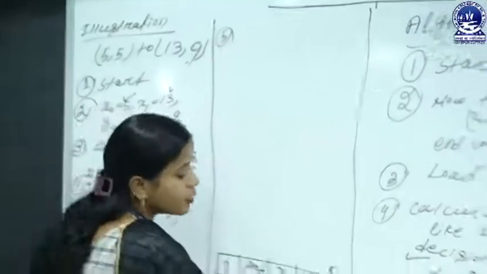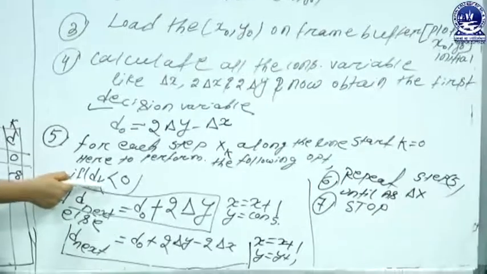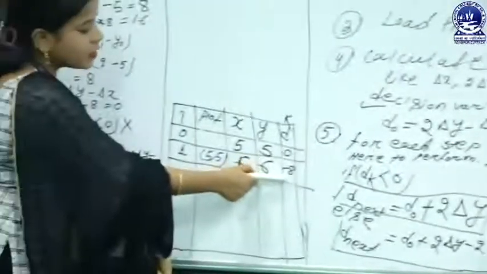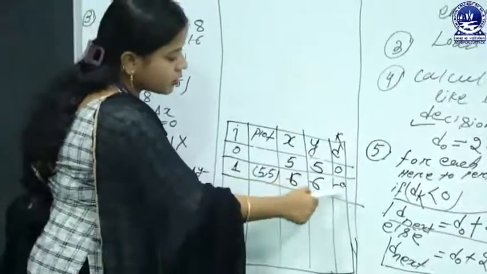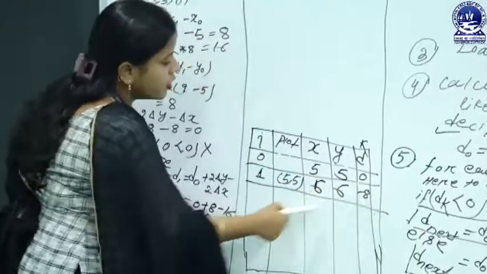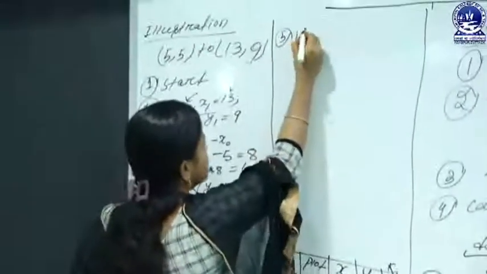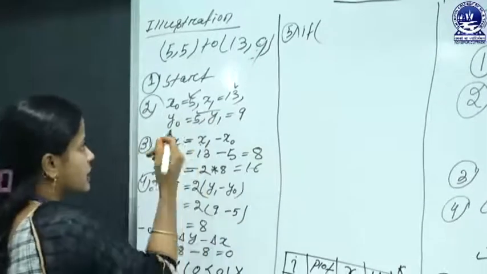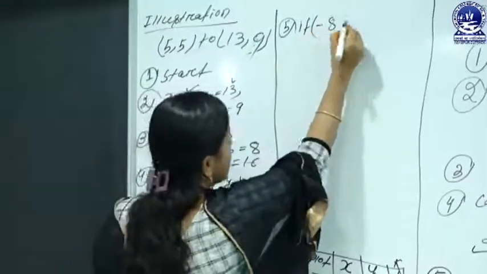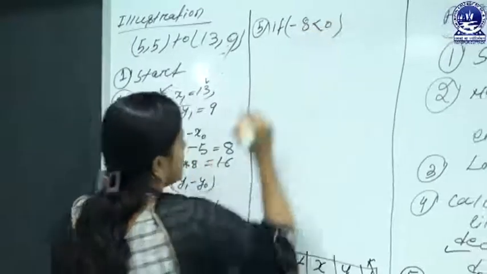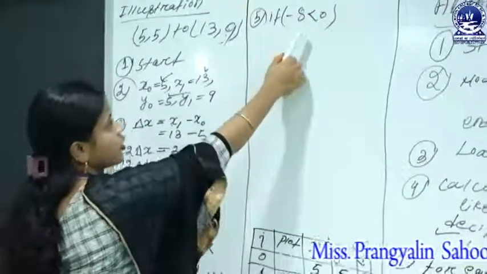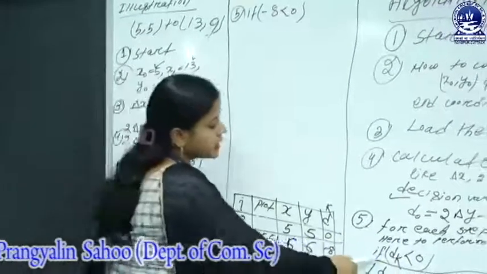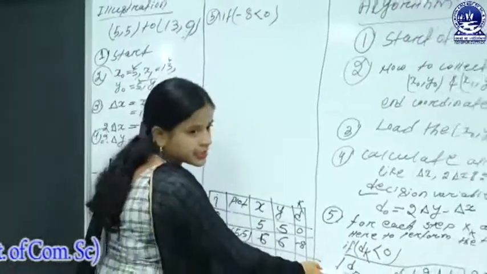Here again you have to check if the previous decision variable, that means the minus 8 you just calculated, is less than 0. In this case, minus 8 is less than 0, so the condition is true. If the condition is true, then it goes to the if block execution.